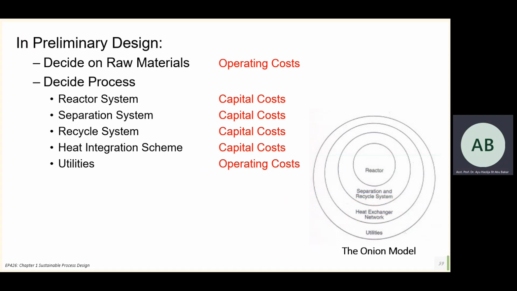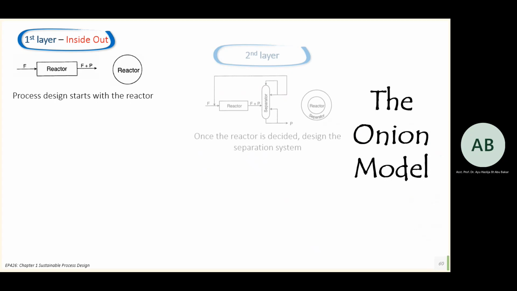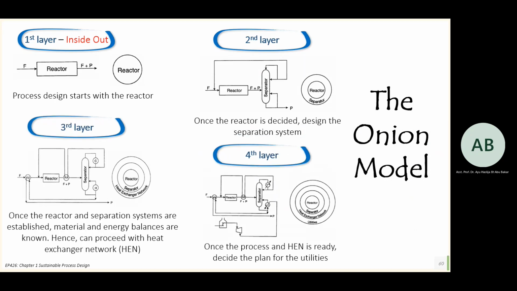It starts with the reactor, because the process most of the time will involve a reaction and it needs a reactor. In order to get your product, there might always be a reaction. So you need a reactor over there.